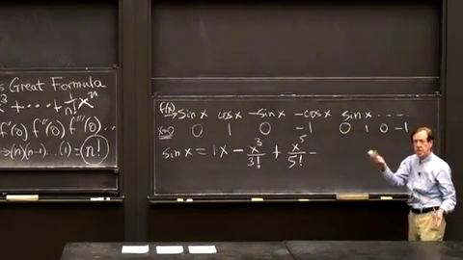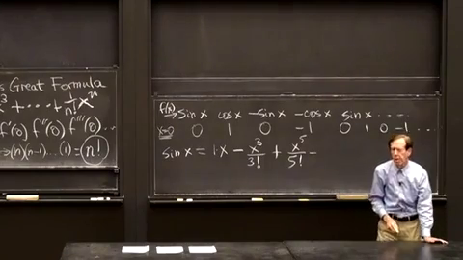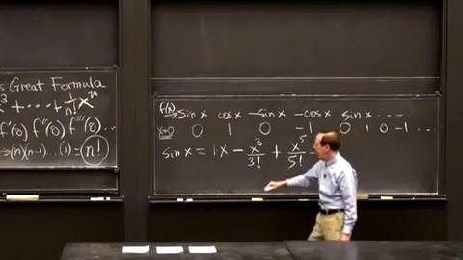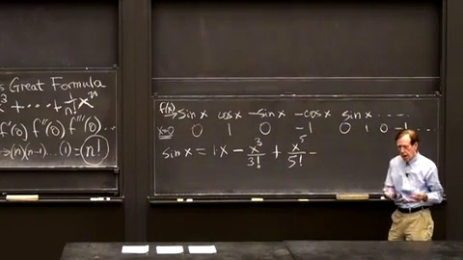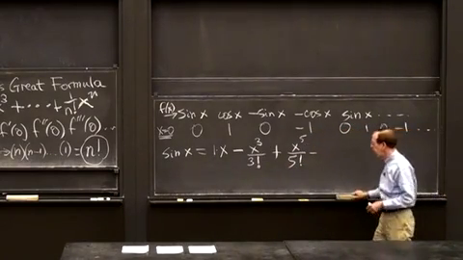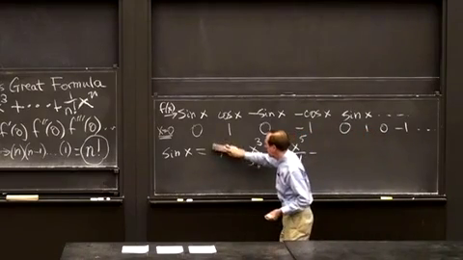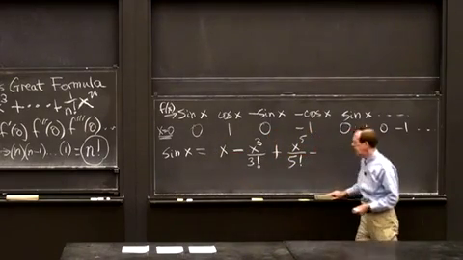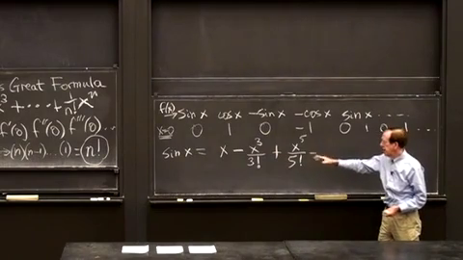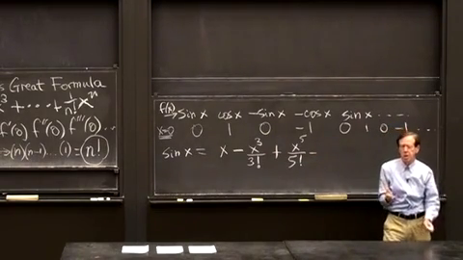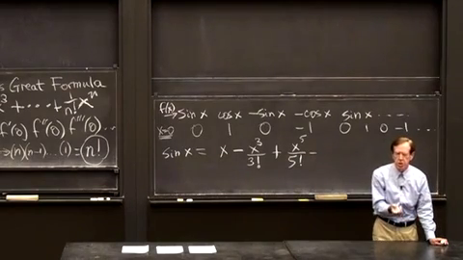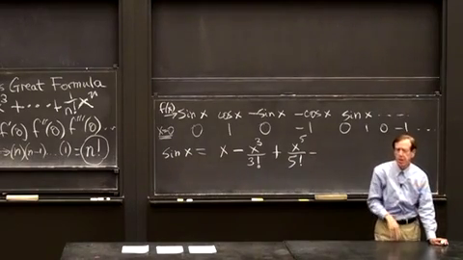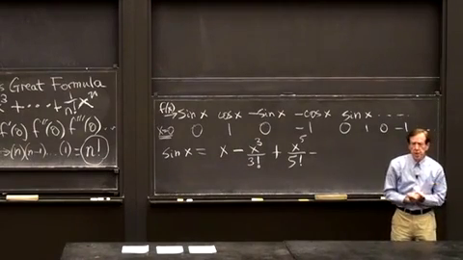Minus an x to the 7th over 7 factorial. We have created the power series around 0, focused on 0, and let me remove that 1 because it's a waste of space. X minus x cubed, all odd powers, and that's because sine x is an odd function: if I change from x to minus x, everything will change sign.